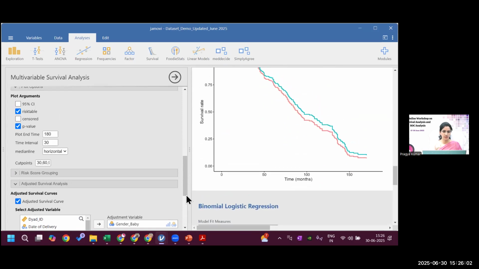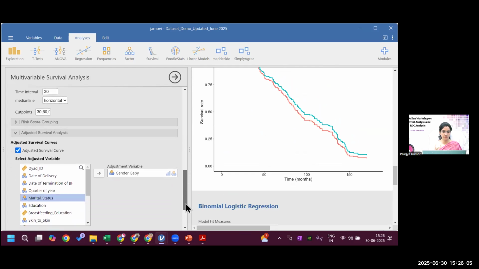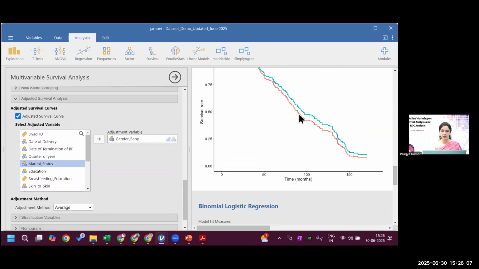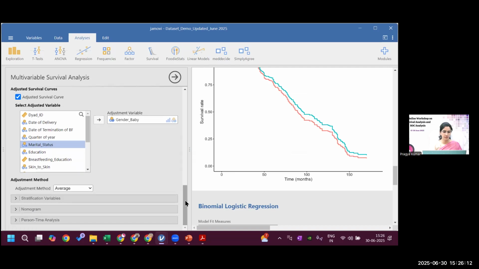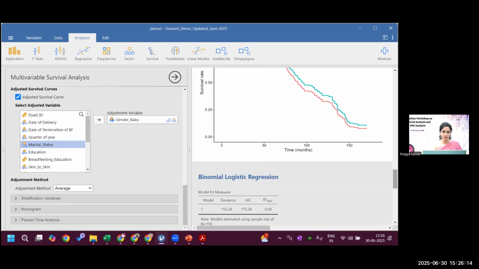This adjusted survival curve doesn't have that color coding, so it is not clear. But let's see if there is some solution to it.